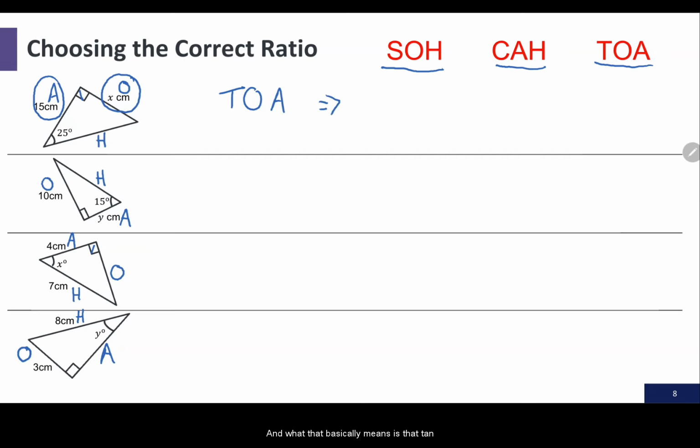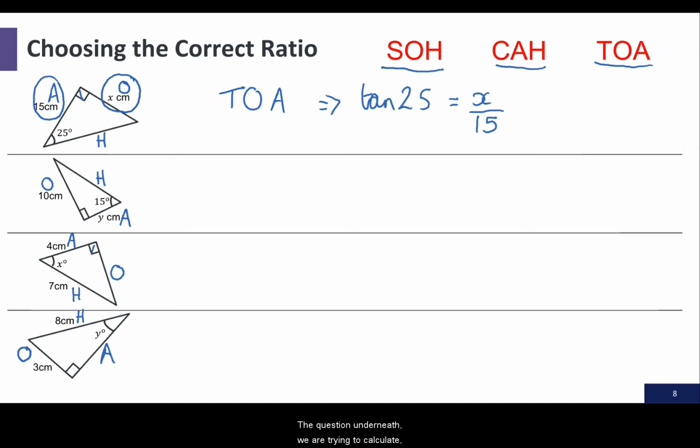And what that basically means is that tan 25 is equal to O divided by A. We're not going to be solving this, we're just going to be choosing the correct ratio.